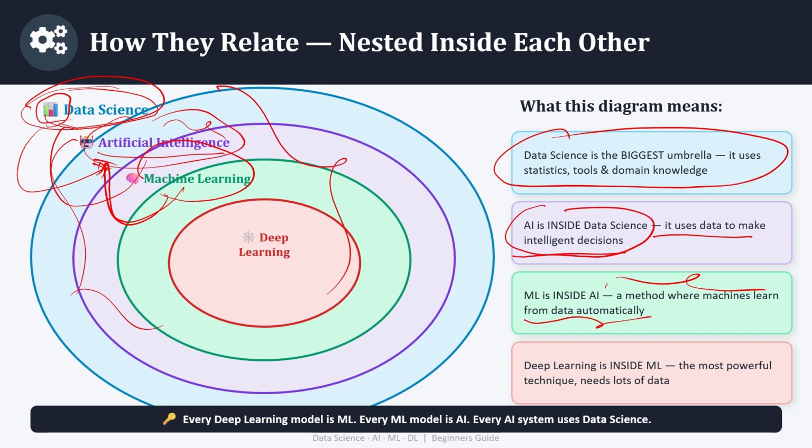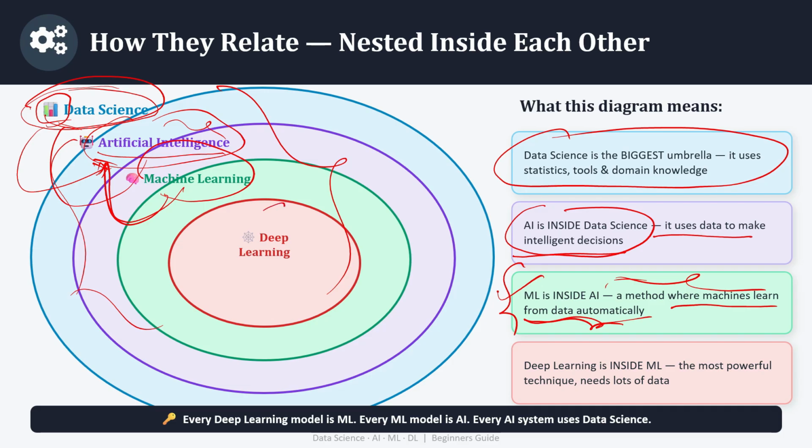You do some more advanced filtering based on the data you have collected. That means a method where machines learn from data automatically. You have collected a lot of data, and you are not going to program that this is the situation and you have to take this kind of decision. Your machine learning technique will automatically take the decisions for you.